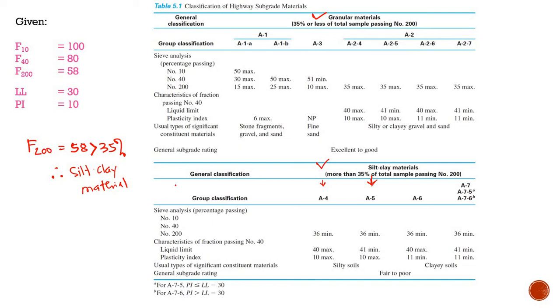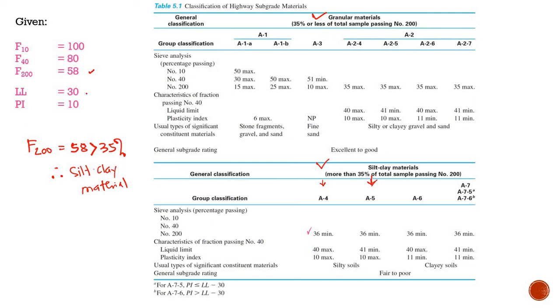So, let's start with A-4. It says that for percent passing in sieve number 200, the minimum value is 36. Our F200 is 58, so we satisfy the condition. Next is to check our liquid limit. The value is a maximum of 40.